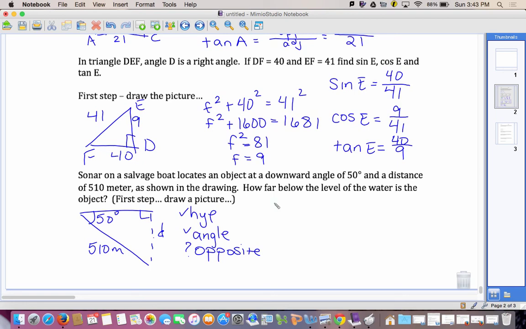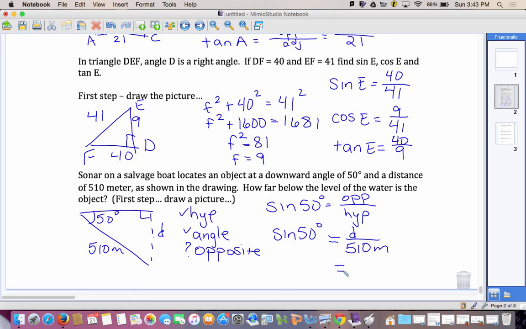So sine of 50 degrees is equal to the opposite side, which is the depth that I'm looking for, divided by the hypotenuse of 510 meters, and I can solve for my depth.